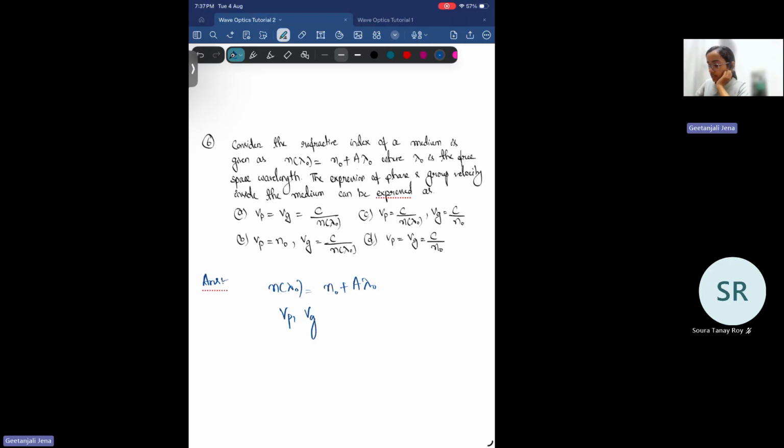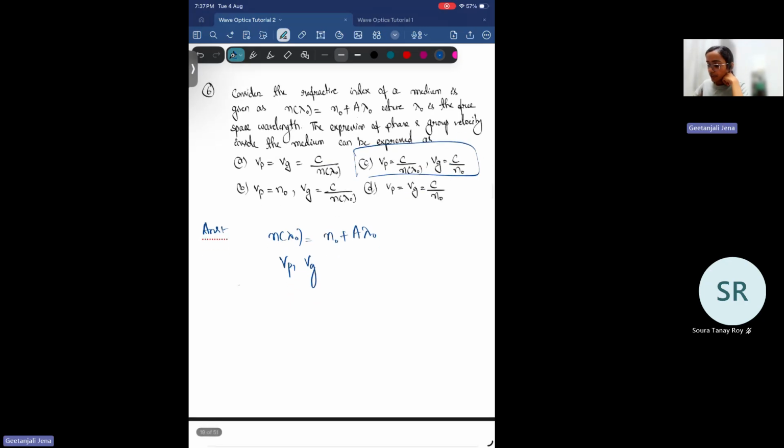Yes, the answer is option C. I think VP is quite obvious. VP is C by n, so it is given C by n of lambda 0. To calculate VG, you can either directly recall the expression of Vg with respect to lambda, or you can follow the steps from the definition: 1 by Vg is dk over d omega.